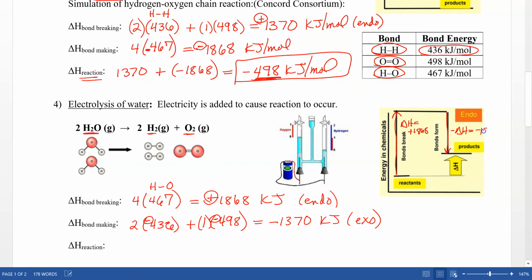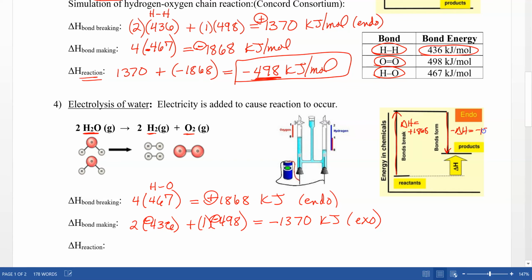So that H to O bond in the water are the stronger bonds. Okay, more stable. So you always go from less stable to more stable is the favored direction. And then for exo, and for endo, more stable to less stable. And it's not the favored direction.